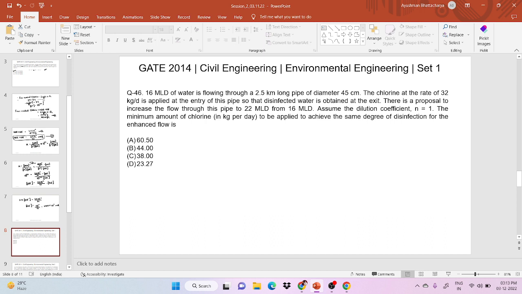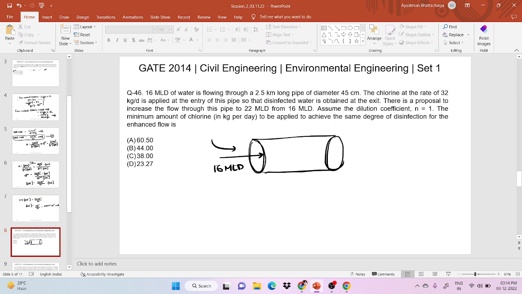So basically in this question they are saying there is one pipe. In that, the flow rate is initially 16 MLD, and the rate of chlorine application is 32 kg per day.